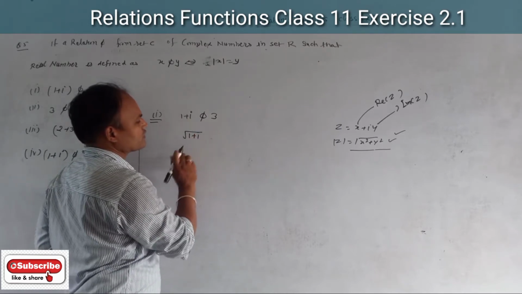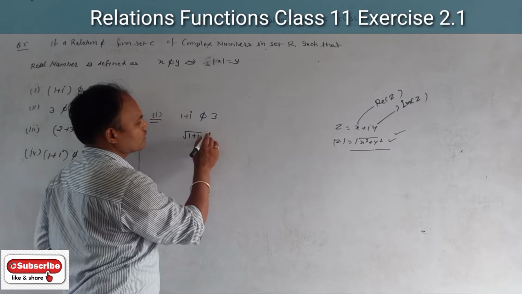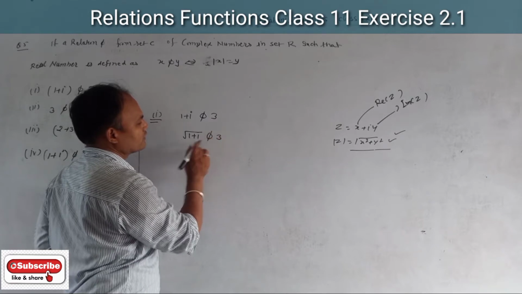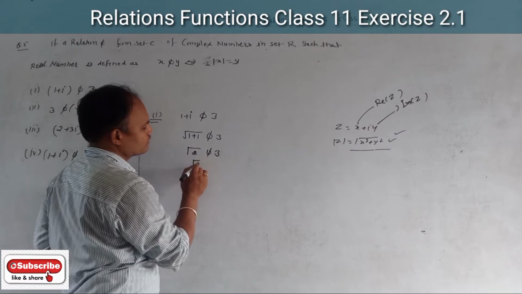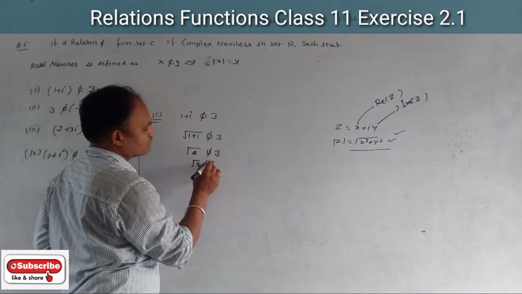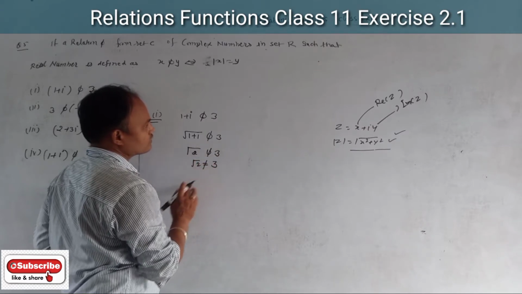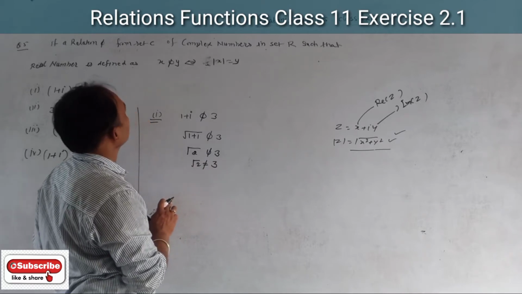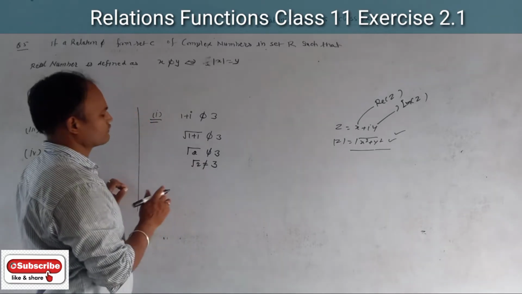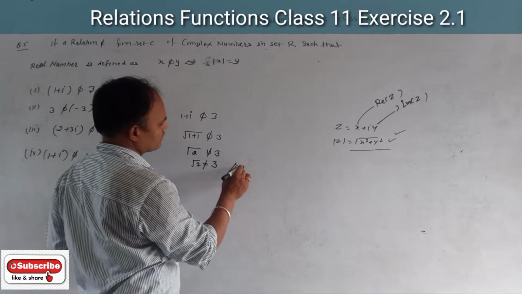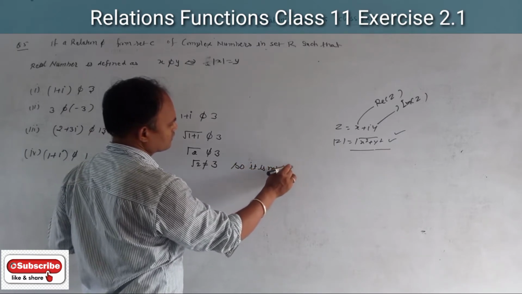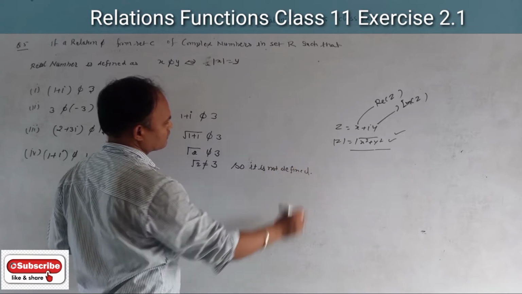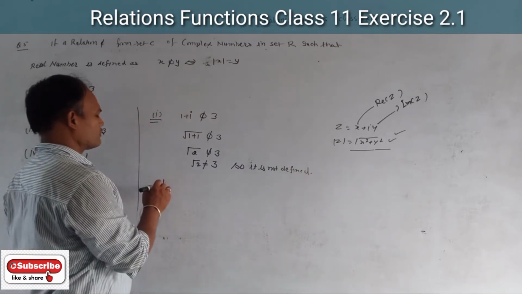So it is 1 plus 1, and phi 3 means root 2. Root 2 is not equal to 3, so we can say that it is not defined.